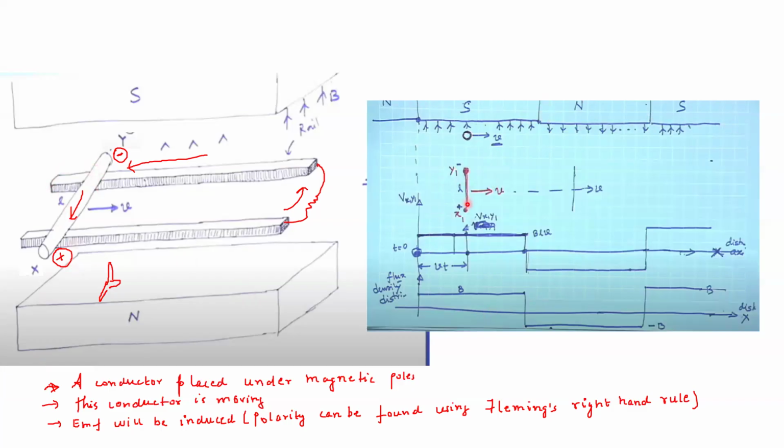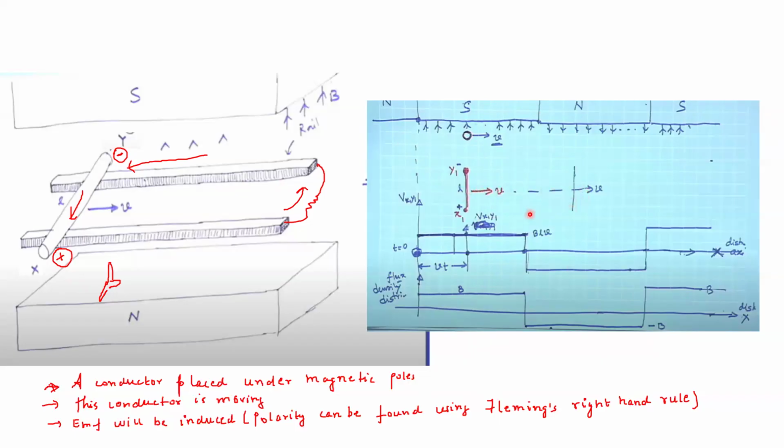If you look at it from the top, this will be the conductor, and we have the plus terminal and negative terminal marked as per this diagram. This is the same picture, but extended, as if we have continuous north and south poles, and this conductor is being moved continuously.